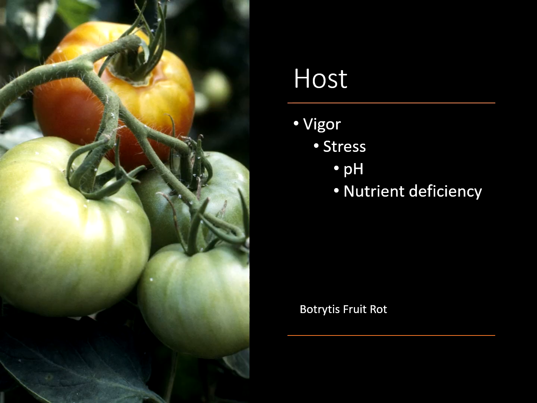Okay, and when we talk about maintaining vigor, we're reducing stress, and stress can come from a lot of directions. We're going to talk about environmental conditions soon: drought stress, nutrient deficiency, improper pH. Anything that doesn't have that plant at its best makes it more susceptible to a lot of plant pathogens.